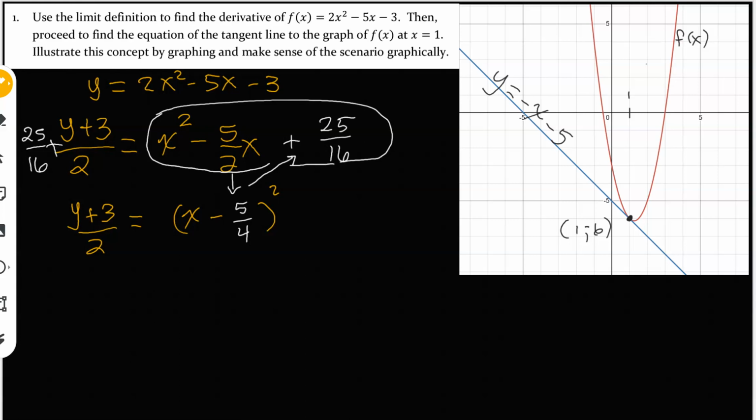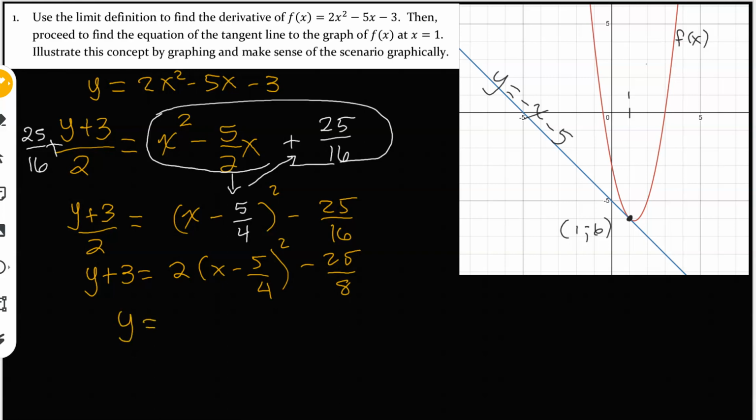The plus 25 over 16, I can subtract that, minus 25 over 16. Multiply everything by 2. So y plus 3 is equal to 2 times x minus 5 over 4 squared minus 25 over 8. And then minus 3 to both sides: y equals 2 times x minus 5 over 4 squared minus 49 over 8.